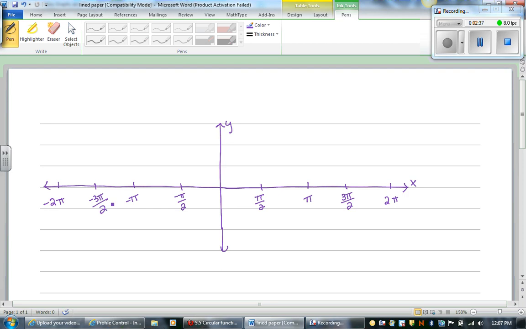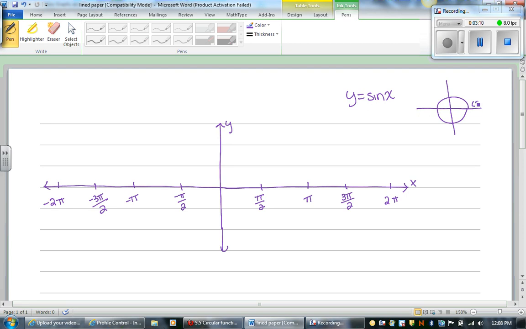Okay, and we will start with our basic sine function. We're basically going to use our knowledge from the unit circle to find out where these functions are equal at each degree or rotation.